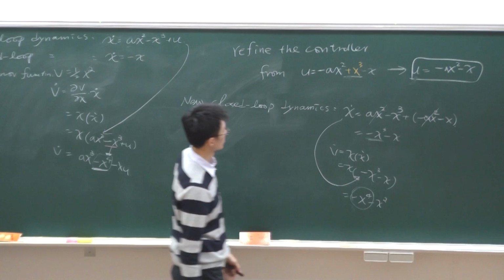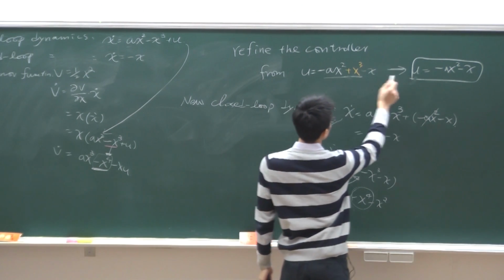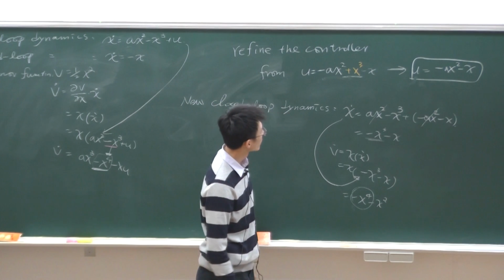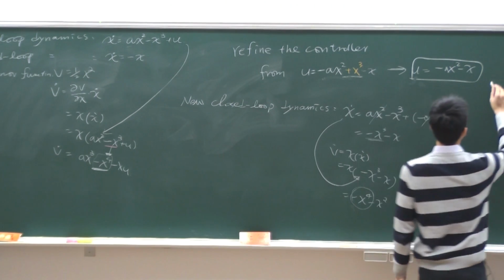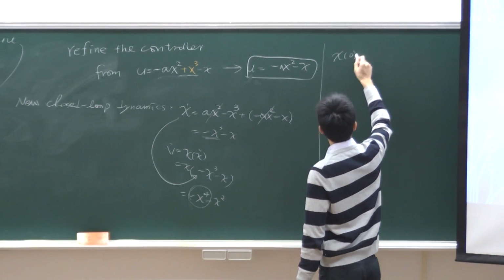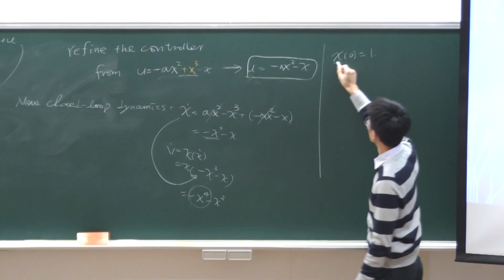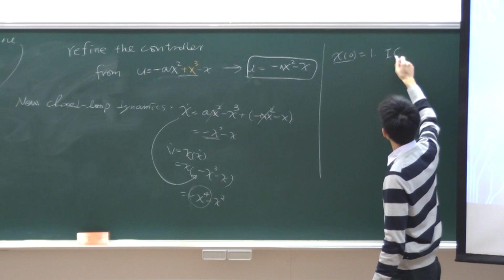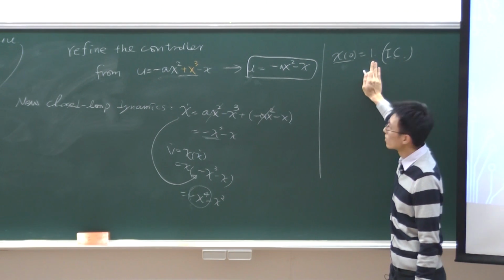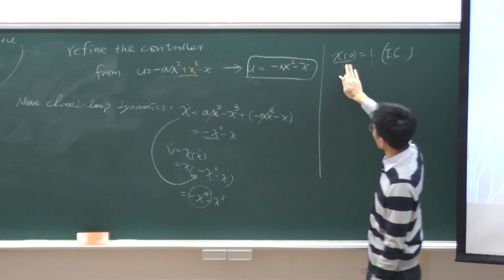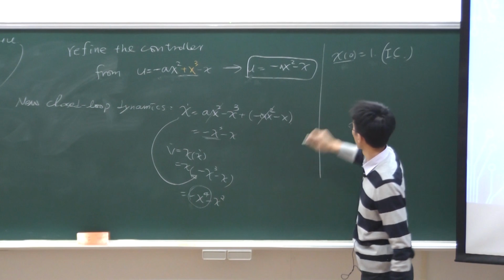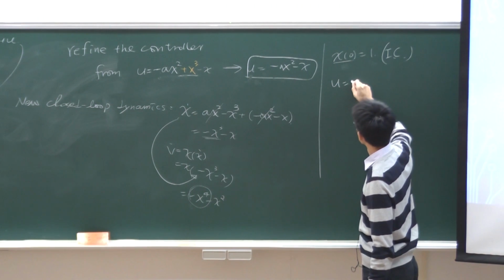And compare the controllers, okay? Compare this controller and this. If you now say x equal to 1, okay? Initial condition. If you start from the state that equals 1, let's try to substitute this into the two controllers. The one on the left hand side gives you what?